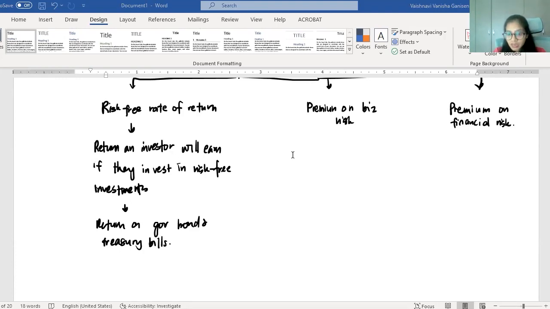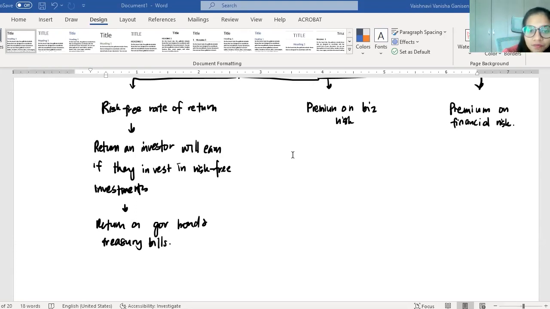The premium on business risk is the additional amount that your company will earn because they choose to invest in a higher risk business. Let's say you purposely choose to invest in a business that has high risk in the market, the most risky business. Because you are willing to take on that particular risk, you may earn a higher return.